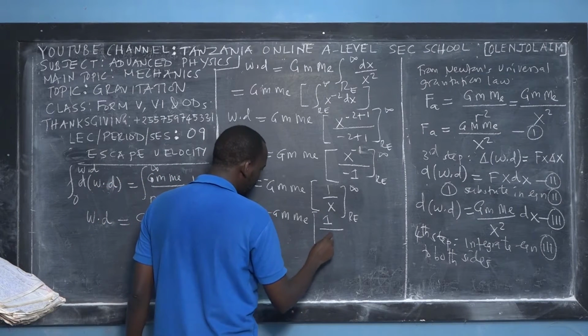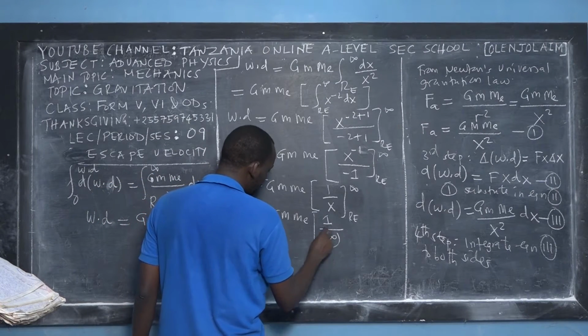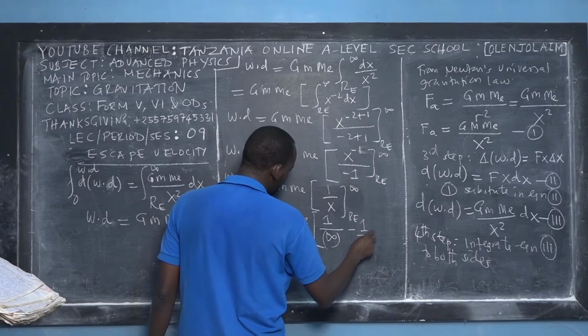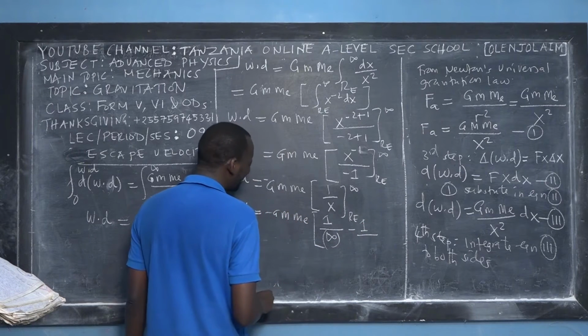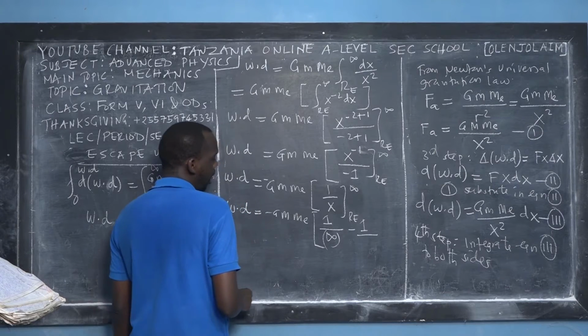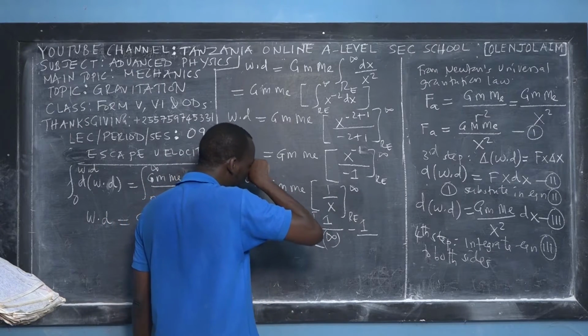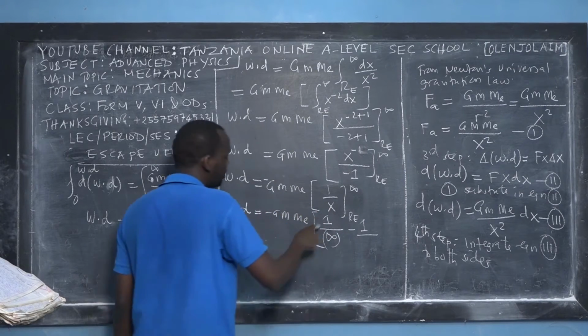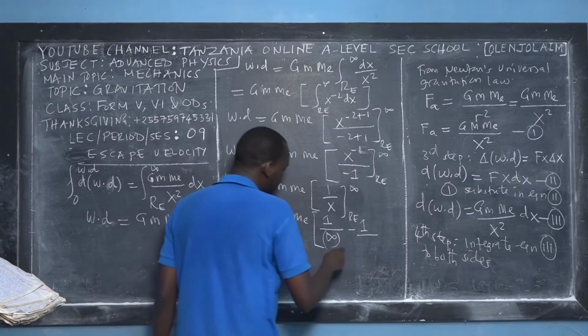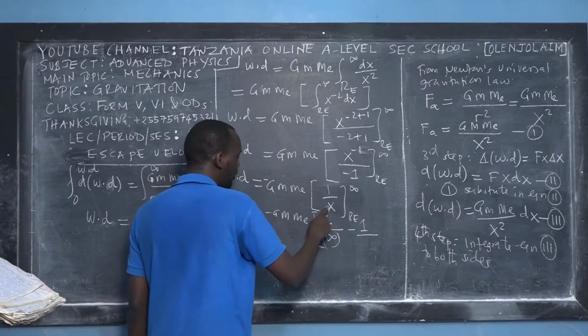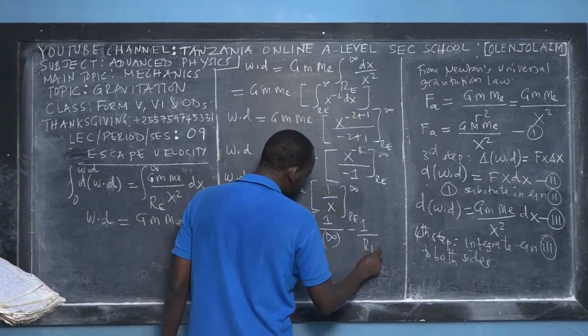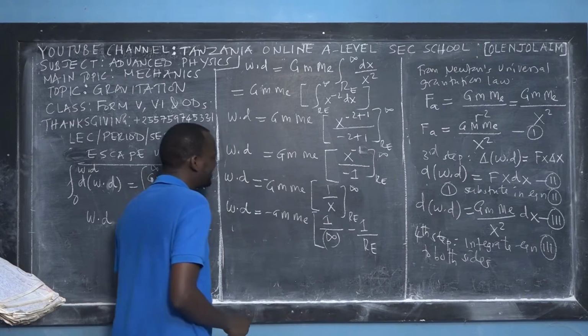So the value of x for this case is infinity, minus 1 over RE, because what we are doing here, we are taking the value of infinity and substituting in x. And hence again we say minus, we take the value of RE substituting in x.